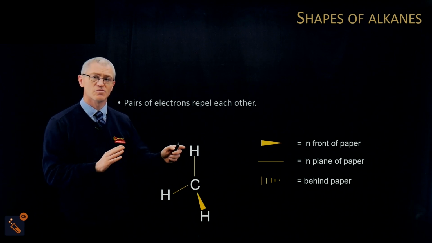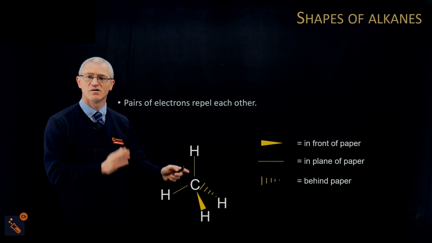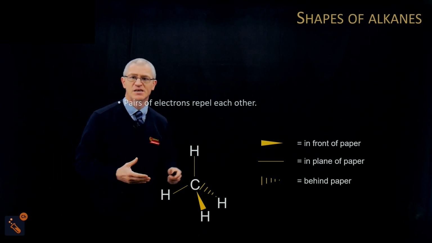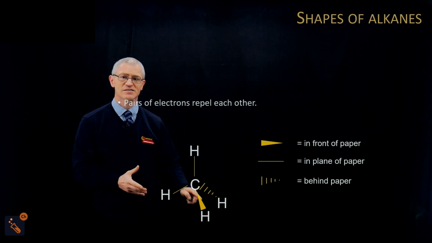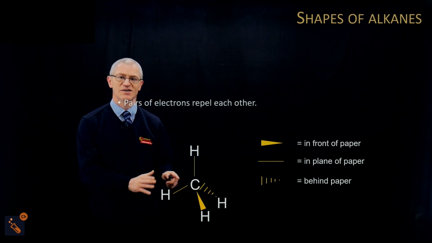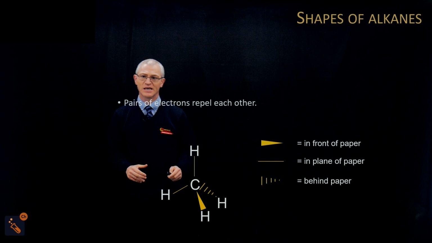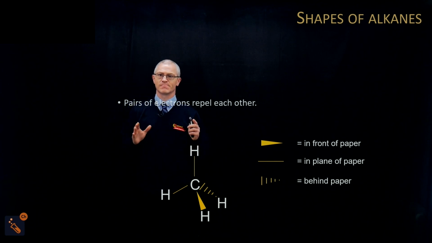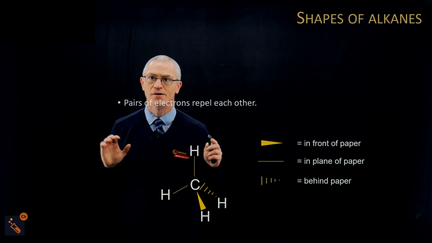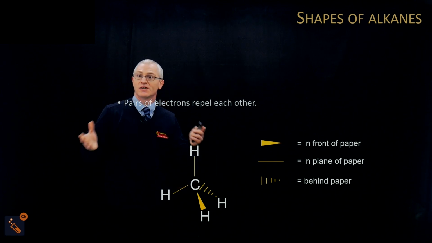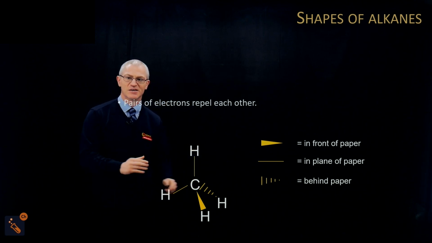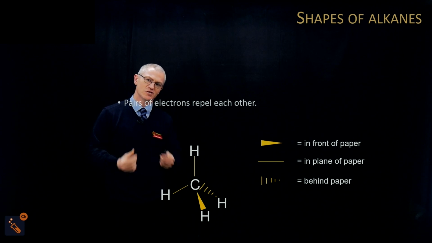We then put one in front of the paper and one behind the paper. If you look at this, you can see that this wedge is getting fatter as it comes towards you. That is a bit like if I'm far away like this, and then I come close, I look like I'm getting bigger. So that looks like it's getting bigger, so it must be coming towards you.